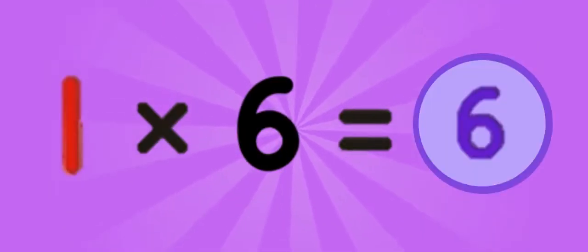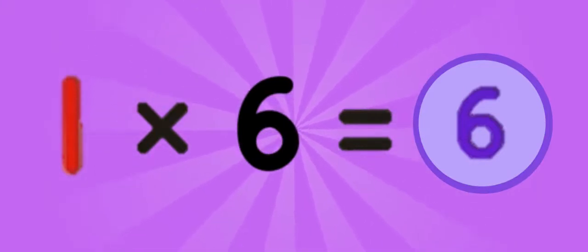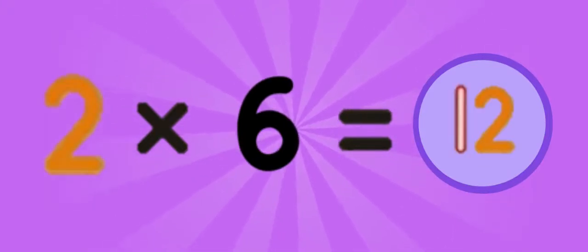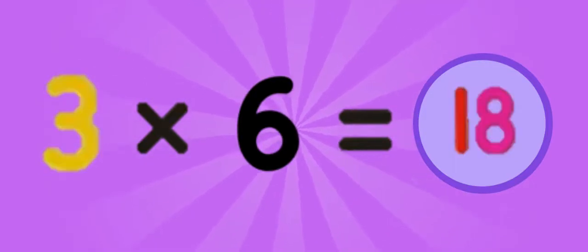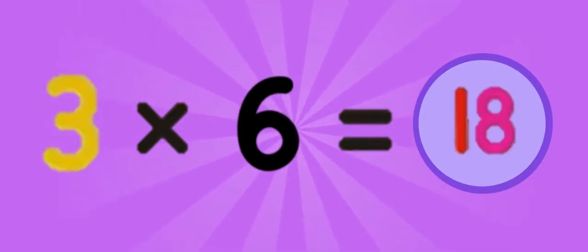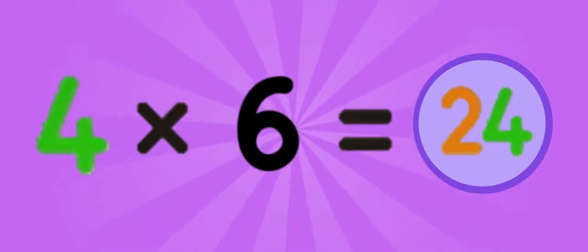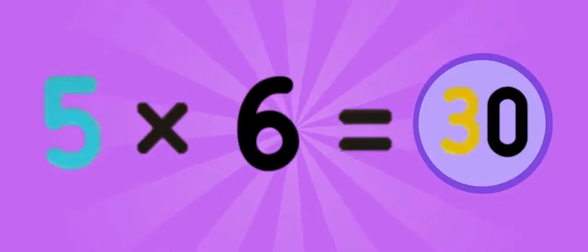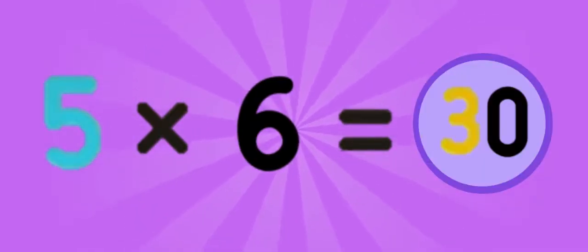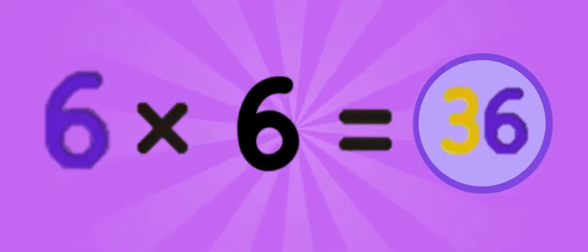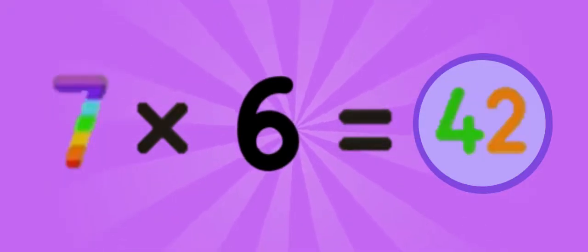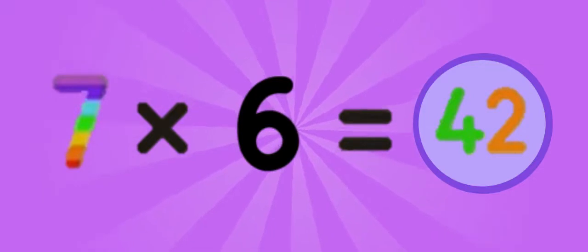1 times 6 is 6. 2 times 6 is 12. 3 times 6 is 18. 4 times 6 is 24. 5 times 6 is 30. 6 times 6 is 36. 7 times 6 is 42.